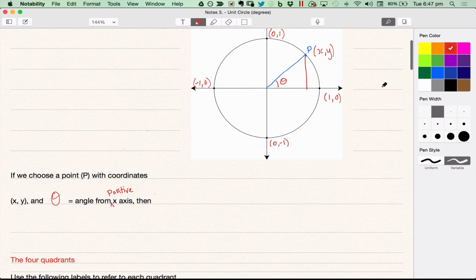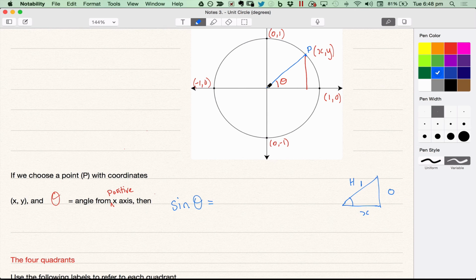What we find is you can redraw this triangle to find sine of theta. This length here is always going to be 1 all the way around the circle. This length here is whatever the x value is of this point P, so I'll just put x.